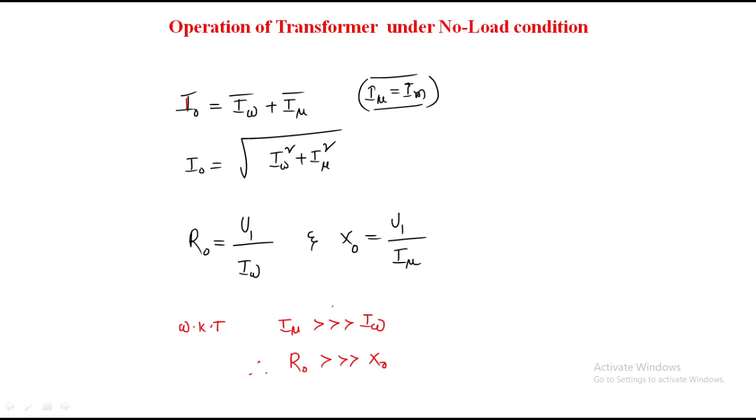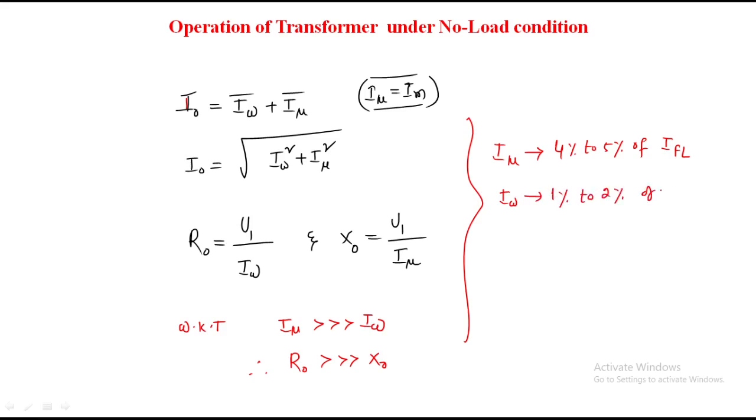Then what are the values of I mu and IW? I mu is 4% to 5% of full load current. Like that, IW is just 1% to 2% of IFL.